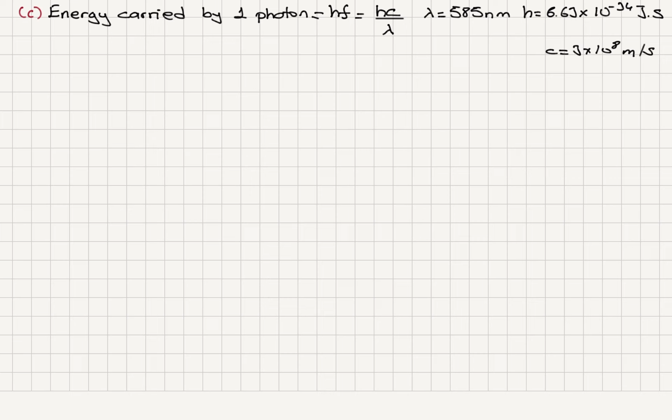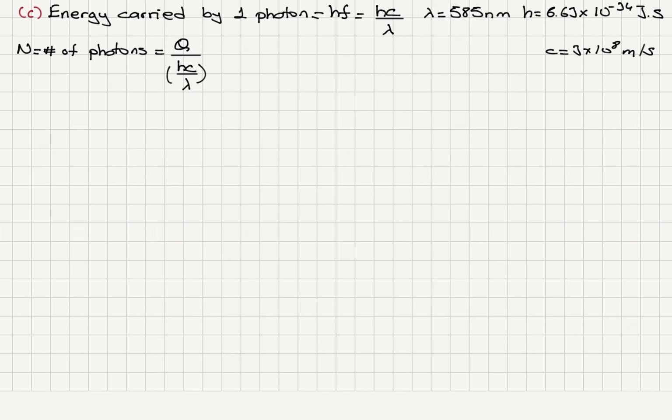And the number of photons, capital N, will be the total energy that we deliver, Q, in one pulse, divided by the energy carried per photon, which is hc divided by lambda. That's the energy carried per photon.